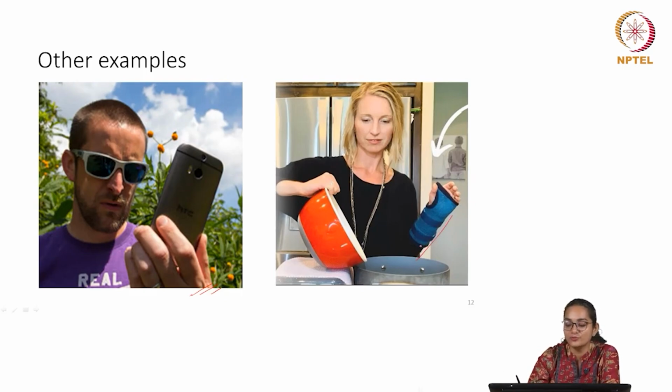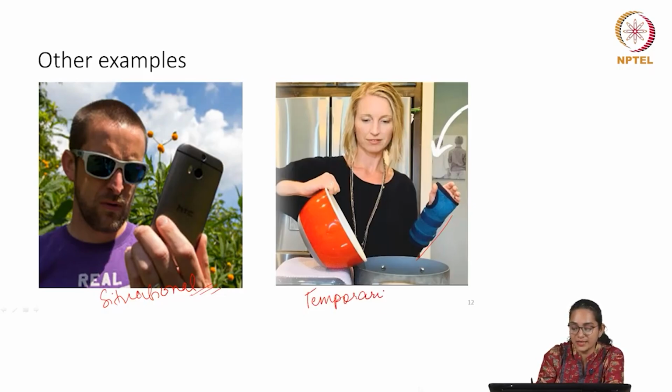Or when we have to do household chores with one hand because we have a cast. This is what we call situational limitation, and this is what we call temporary limitation.